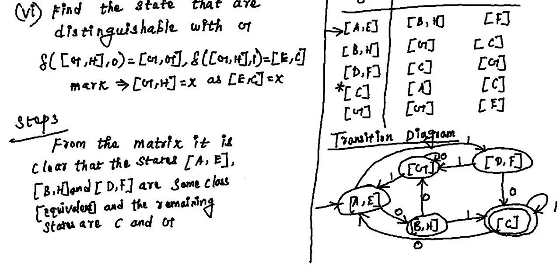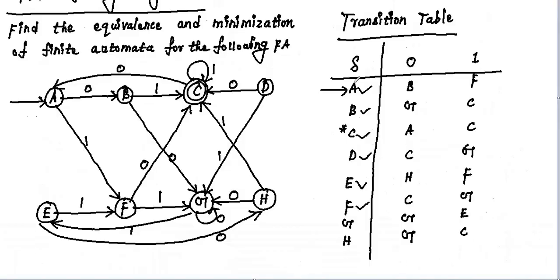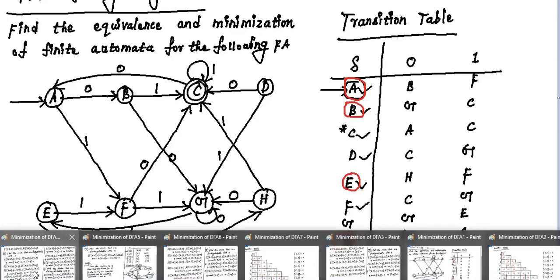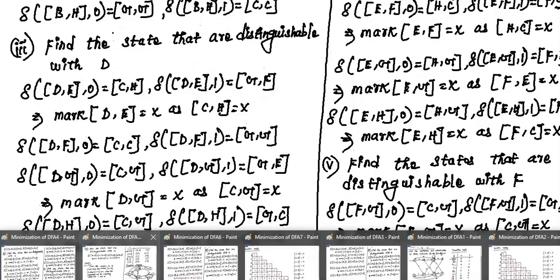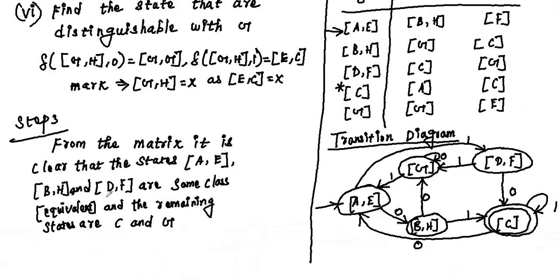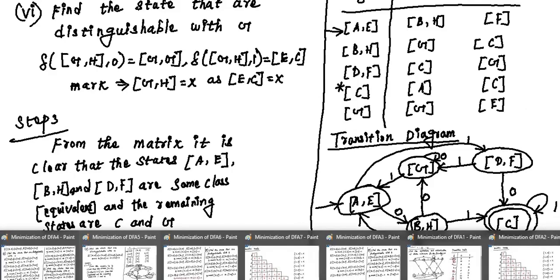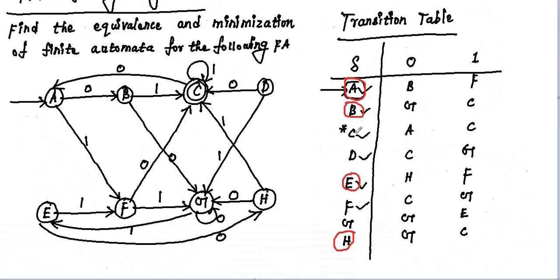AE is our equivalent class. Next one BH, BH equivalent class, and another one is DF, DF equivalent class.